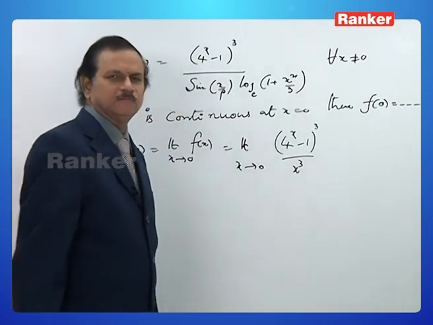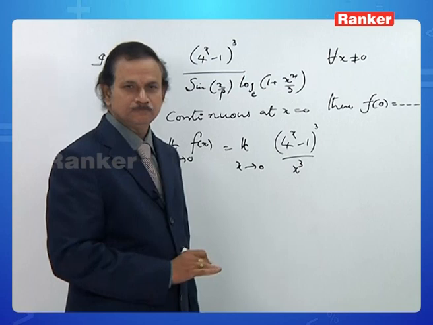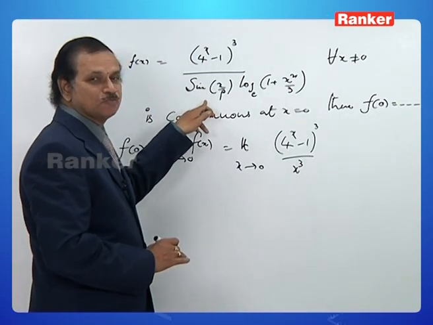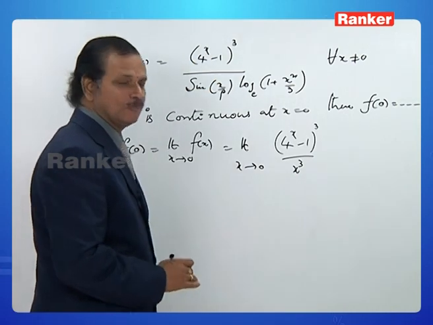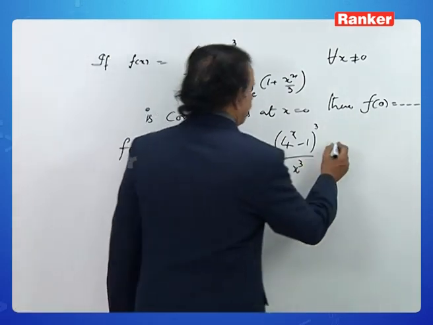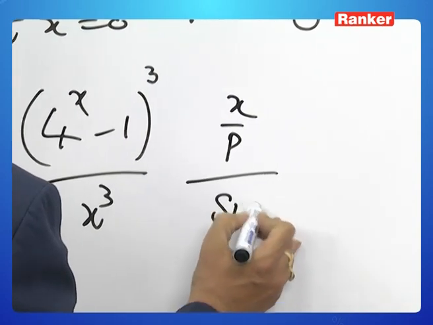Put it first of all. Later on we shall decide. x cube. Simply by looking at sine of x by p, you require x by p in the numerator. Have it first, later on we shall decide. x by p by sine of x by p.